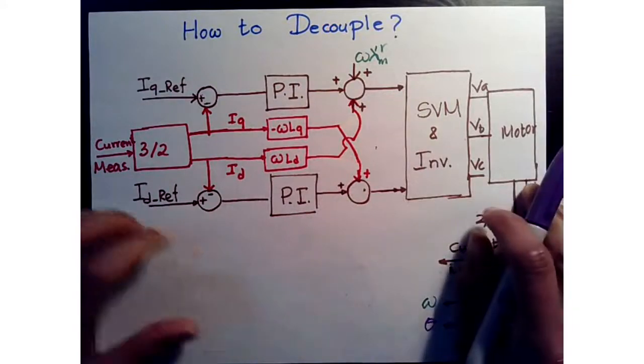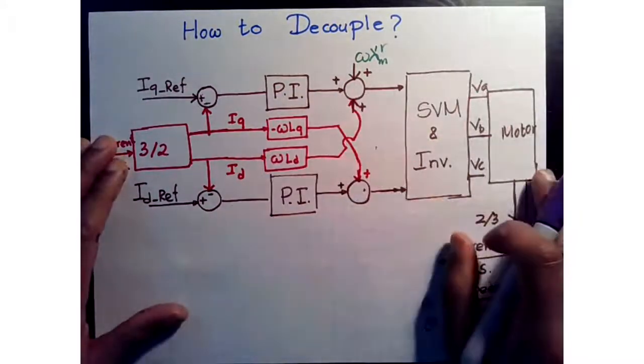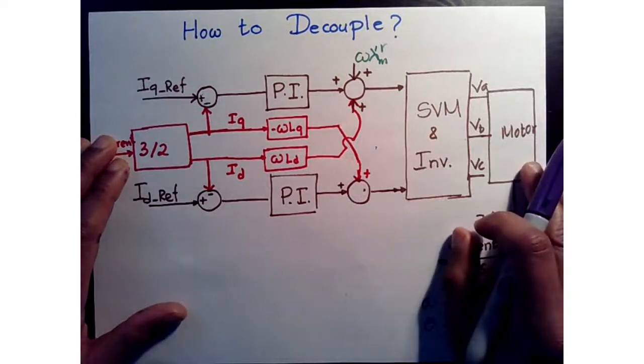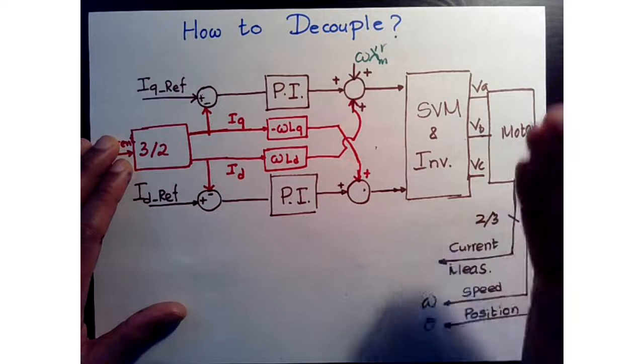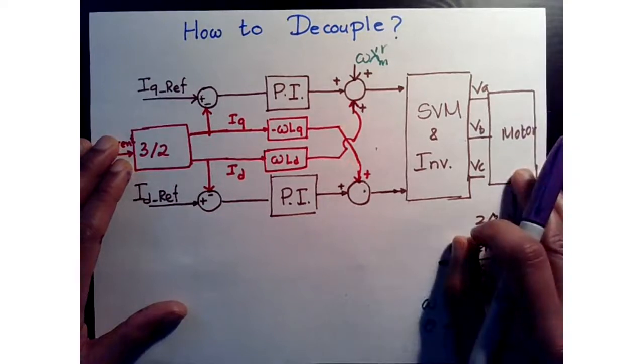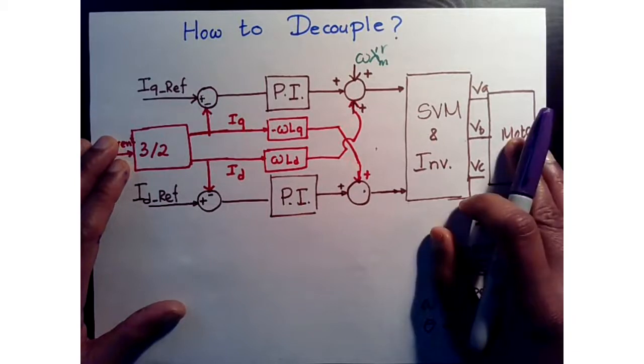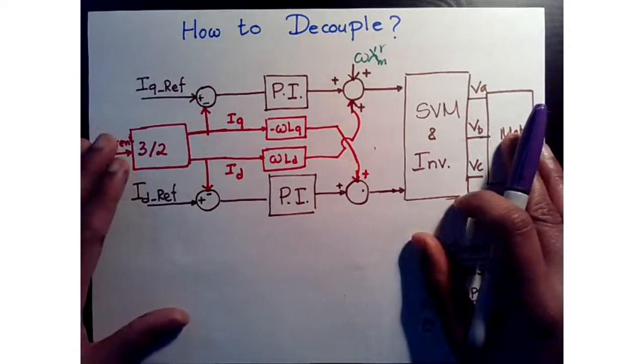All right, so this is the basic decoupling approach, useful for high dynamic applications, and I'm sure you've seen people talk about it. In certain applications this is advantageous, and in certain applications it may not be. So you have to pick and choose what you use it for.